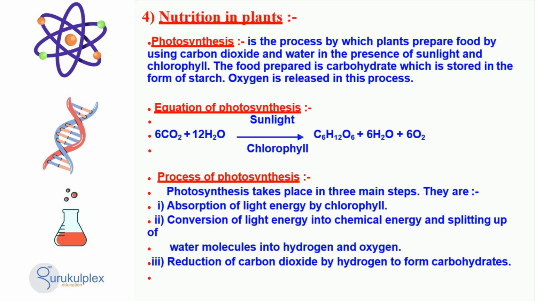It involves three key steps: the absorption of light energy by the chlorophyll, the conversion of light energy into chemical energy, and the reduction of carbon dioxide by hydrogen to form carbohydrates. Photosynthesis is vital for plants, and it is also the foundation of life for all other organisms, since it produces the oxygen that is essential for life.